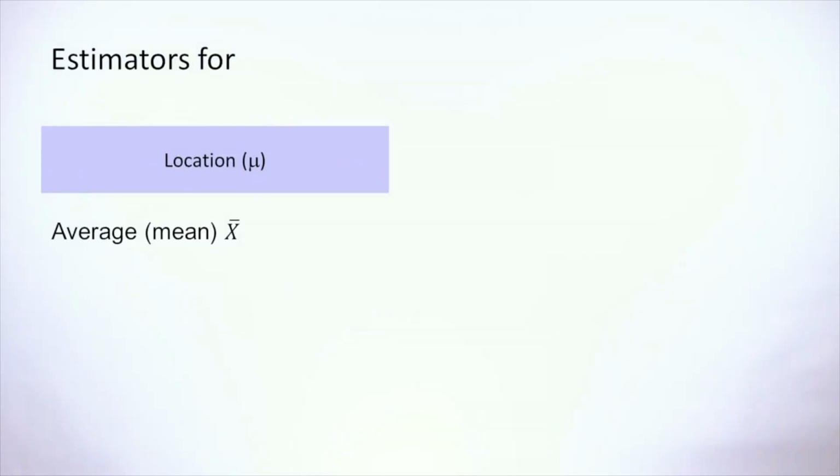For mu, the location, we often use the mean, and an alternative is the median. So which estimator to use? It depends on the situation. The mean is more precise as it uses all data, but the median is more robust to outliers, so both can be useful.